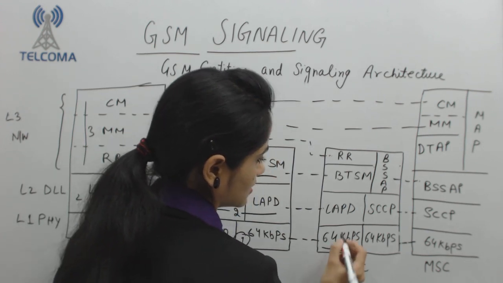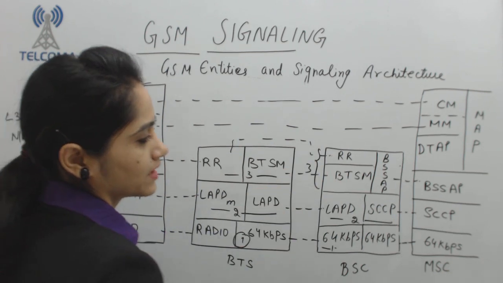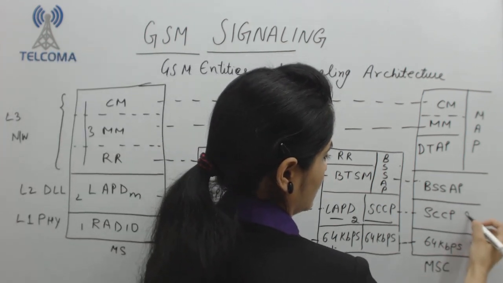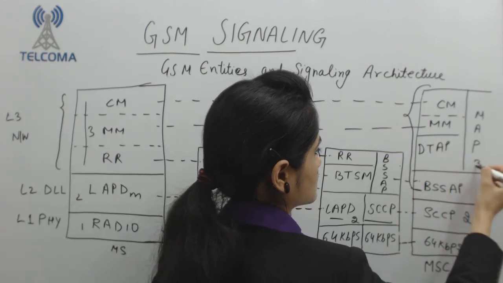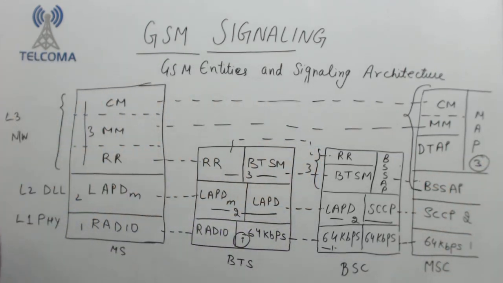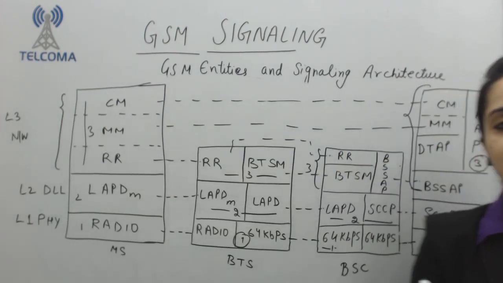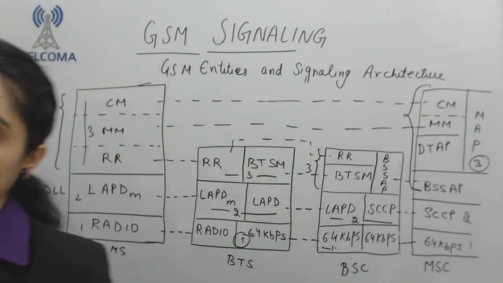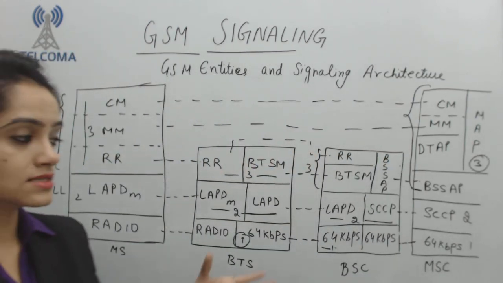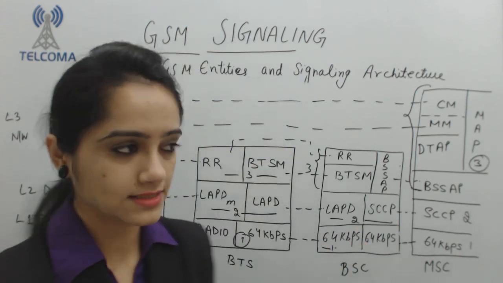That means whether mobile station or BTS, BSC or even MSC, each and every unit is following 3 layer structure, because in GSM system we always require to follow only 3 layer system.